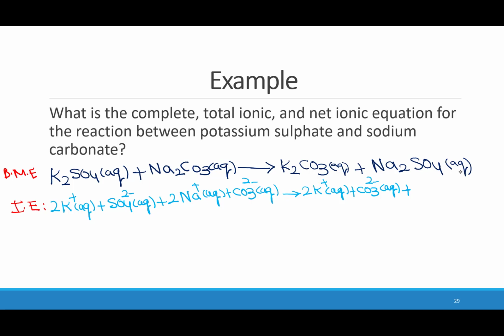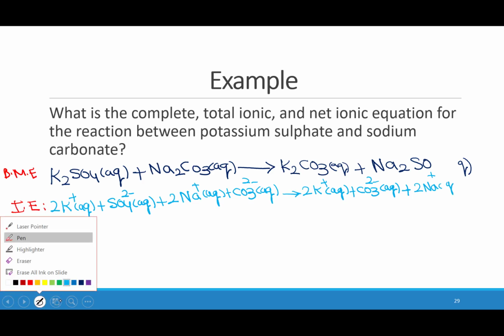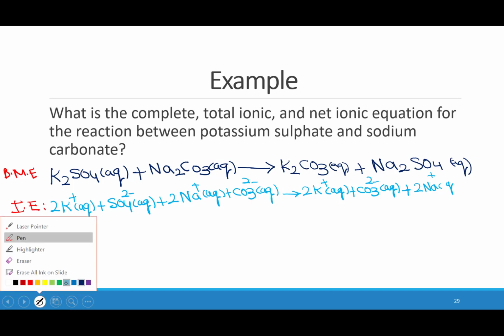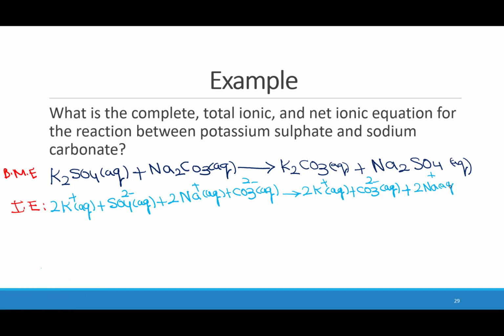That means it will undergo separation, which produces 2 sodium ion plus SO4 2 minus, aqueous.